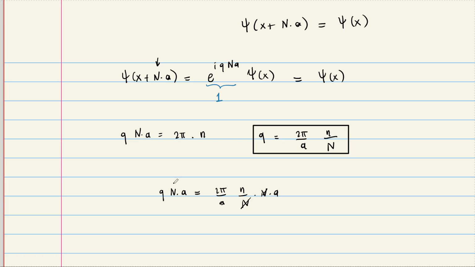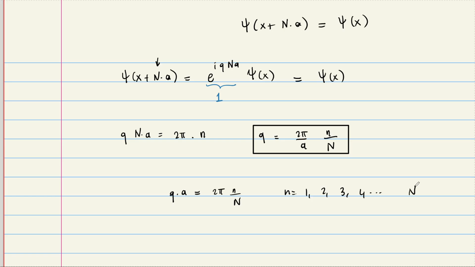I don't want to look at that, I want to look at q times a. So this q times a is 2 pi n over N. And as you can see, what is n? n is equal to 1, 2, 3, 4, dot, dot, dot.